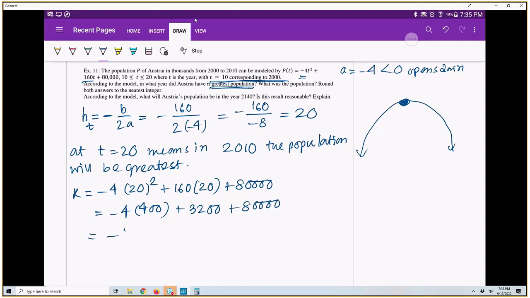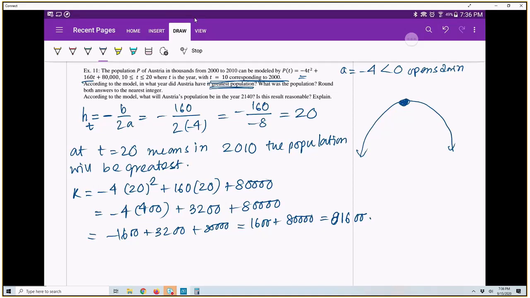So this is negative 1600 plus 3200 plus 80,000, which is 1600 plus 80,000. And that should be equal to 81,600. So the maximum or the greatest population of Austria in 2010 would be 81,600.